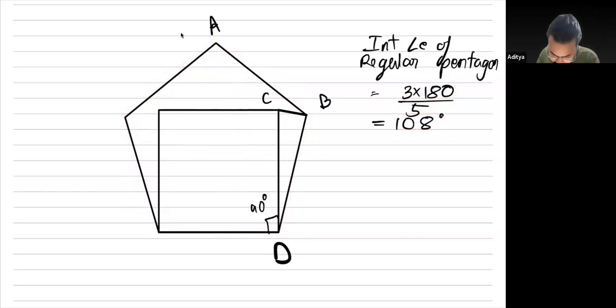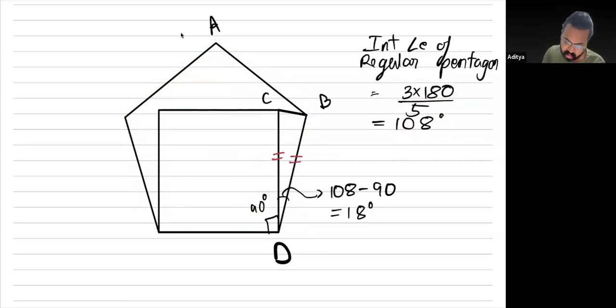So we know that this angle is 108 minus 90, equal to 18 degrees. And we have an isosceles triangle over here. BCD is isosceles. So the base angles over here will become 81 and 81, because 180 minus 18 divided by 2 is equal to 81.